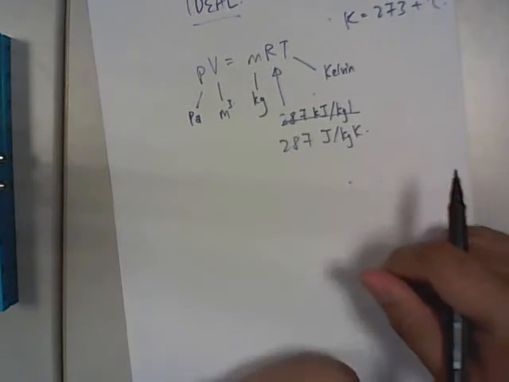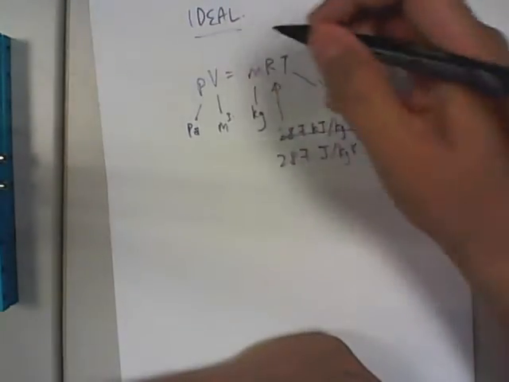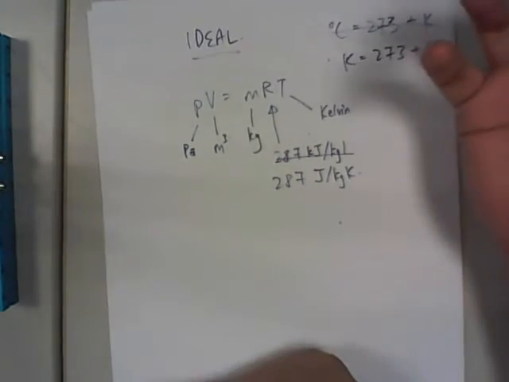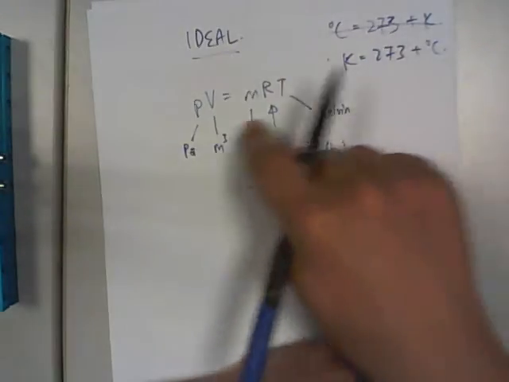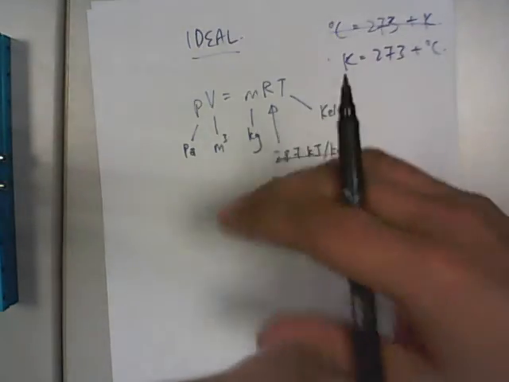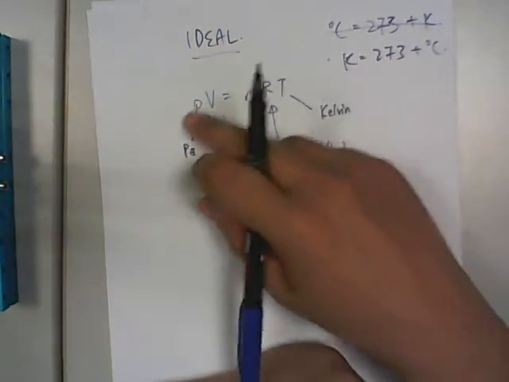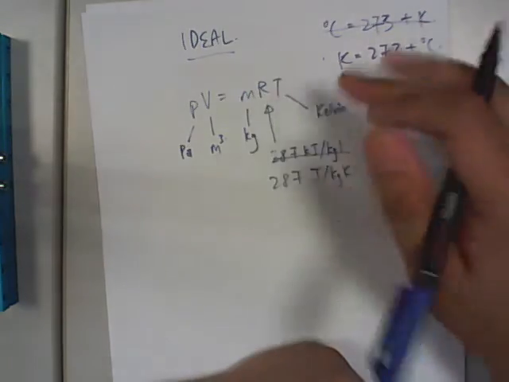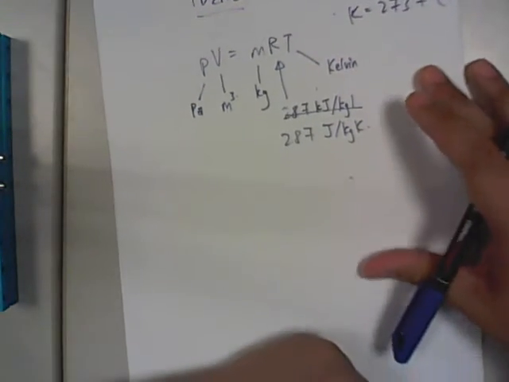If we say that this gas behaves ideally, this equation is true. With this you can calculate for the unknowns that are inside your questions.